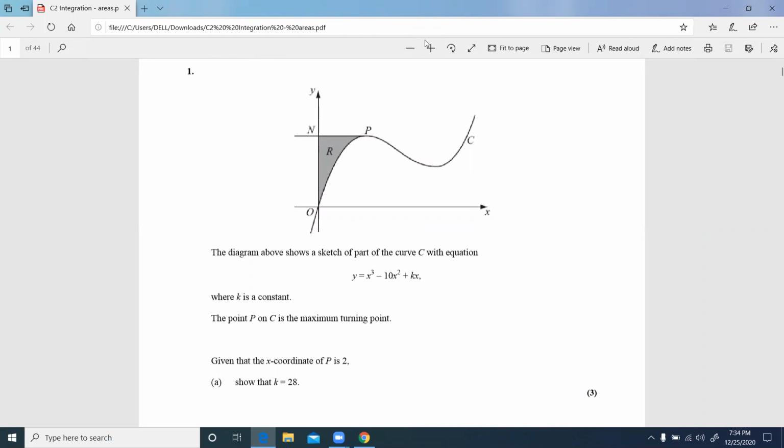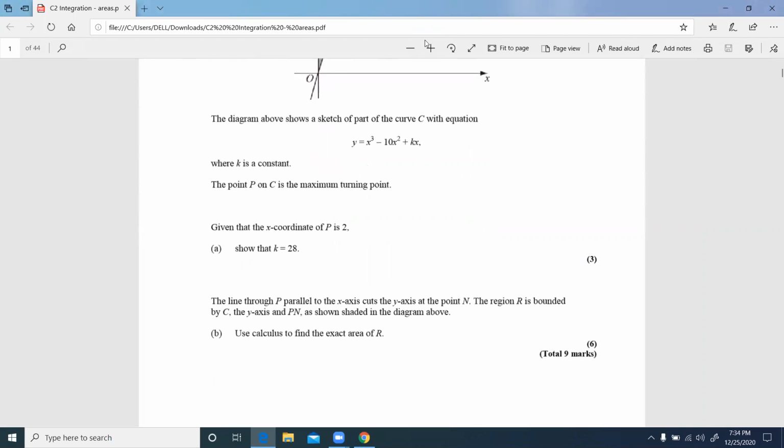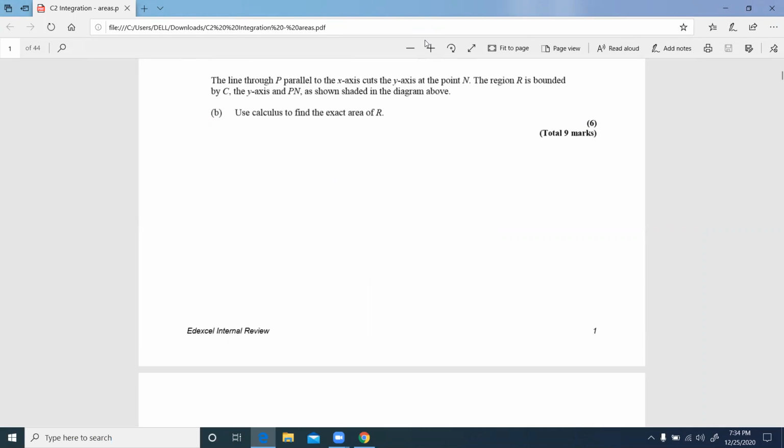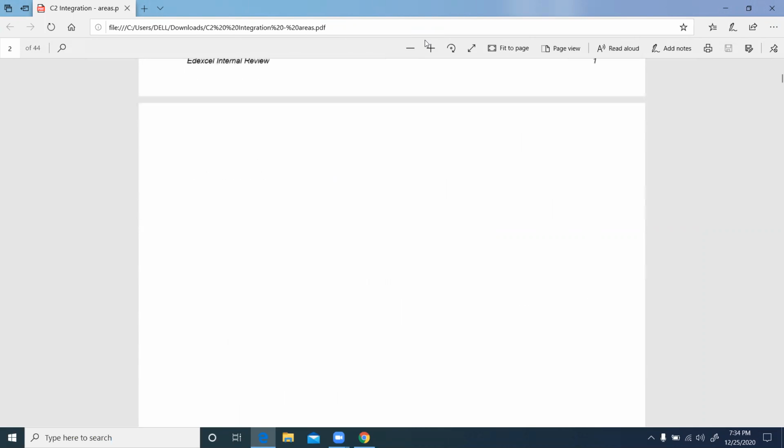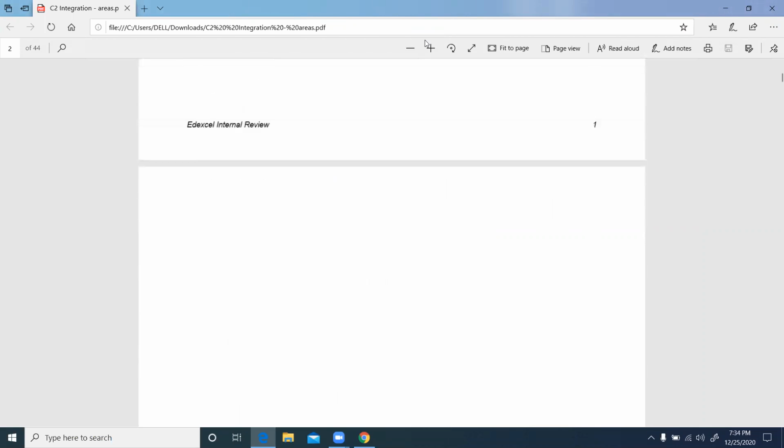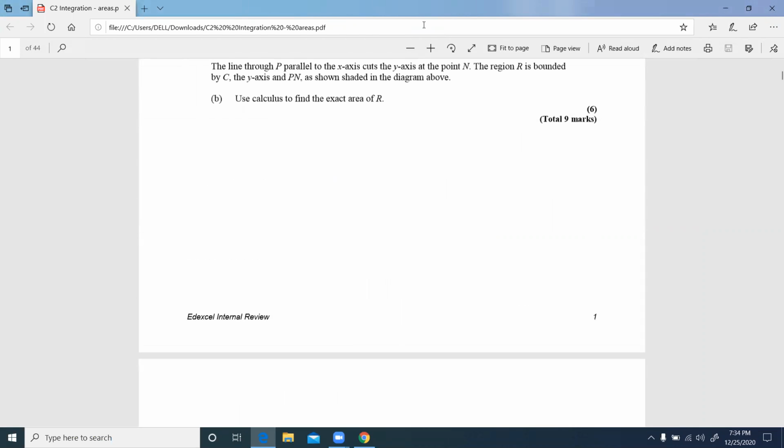So you know that at a maximum or minimum or point of inflection, there's a common theory over here: dy by dx becomes 0. That's a main fact we have to understand in this kind of question.